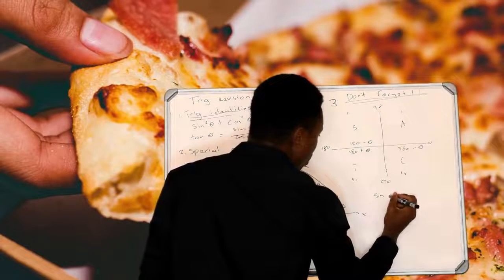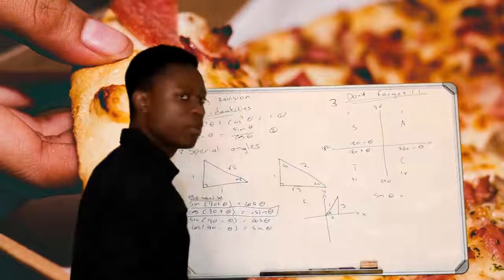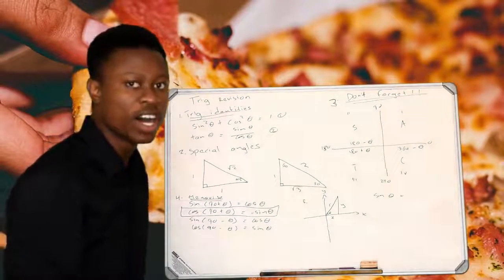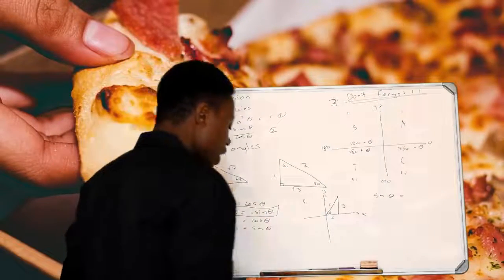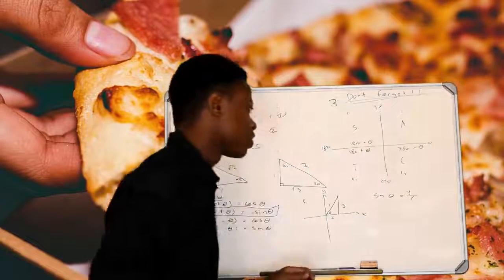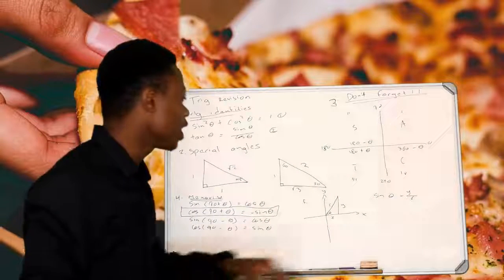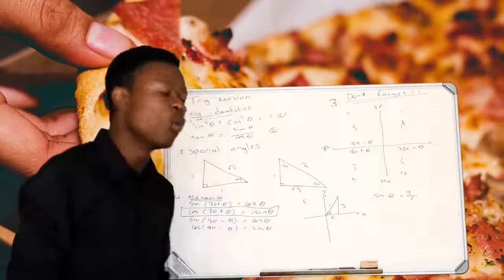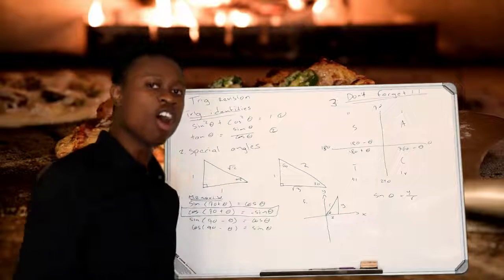Sine of theta would be equal to, remember sine is what? Opposite over hypotenuse. So it'll be y over r. So it will always be, no matter, even if the triangle is this side, it will always be y over r.